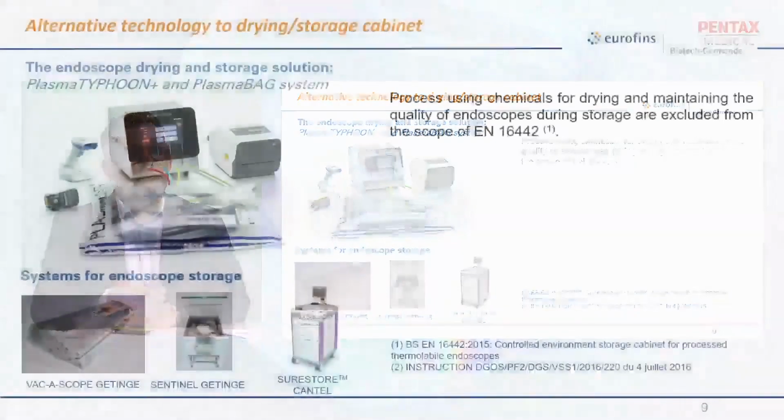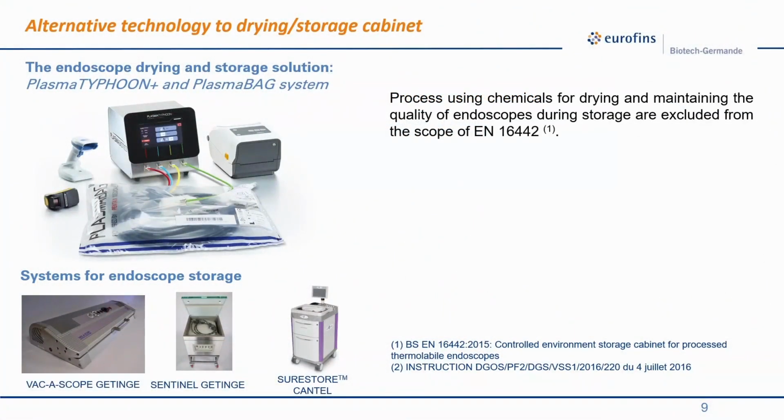Unfortunately, processes using chemicals for drying and maintaining the quality of the endoscope during storage are excluded from the EN 16442. And unfortunately, even if some countries would like to revise this document and include this process, it was not the case, and we are still in a situation where we have no standard for these portable systems.